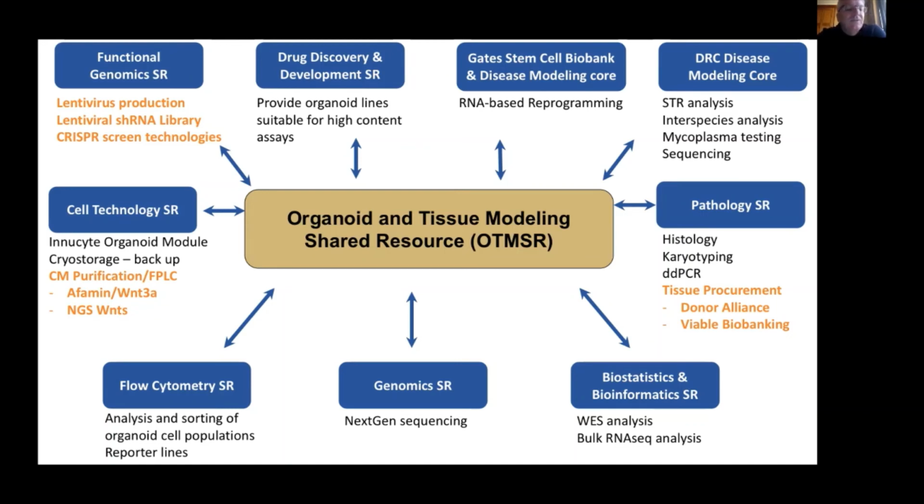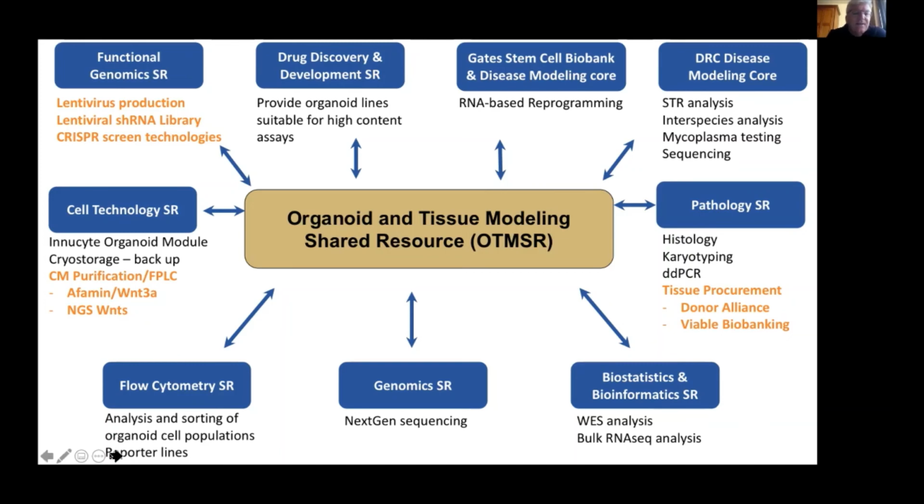A number of organoids don't like growing in serum, so this is another way to enhance the types of organoids that we can grow. And then the next generation surrogate Wnts, these are synthetic Wnts that are expressed in 293 cells. So this is going to be a fantastic resource for us.